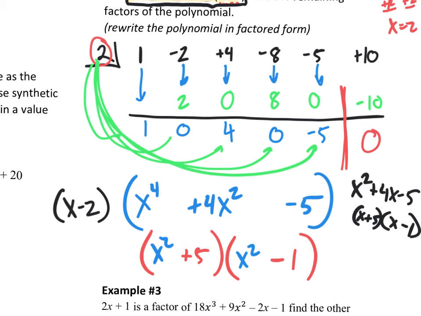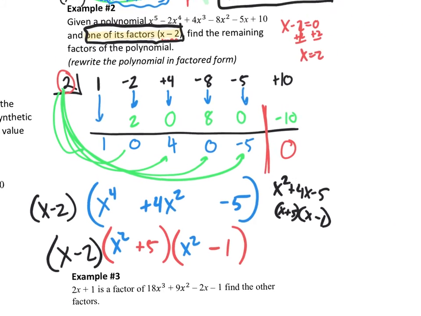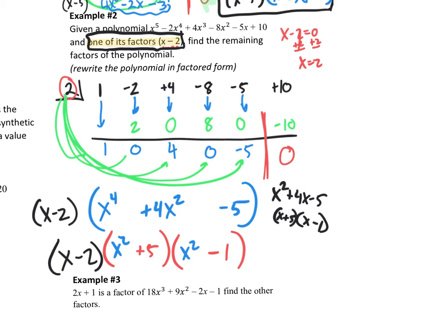Okay, so let's now bring down the original x minus 2 that they told us was a factor. So we have these three parentheses that if I were to multiply together, distribute and combine like terms, it would give me the original fifth degree huge polynomial. However, the question is, could we continue factoring further?